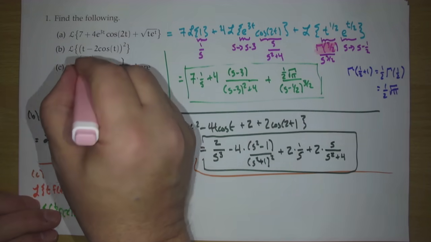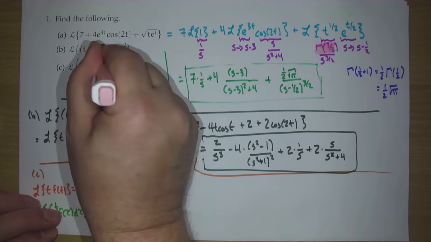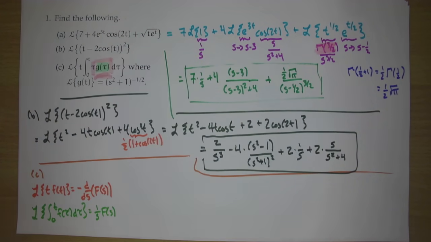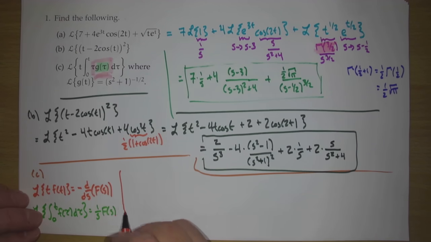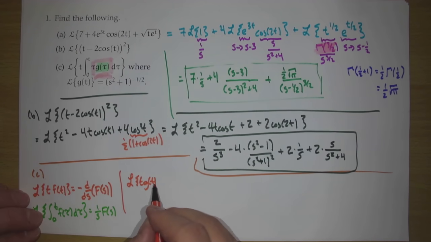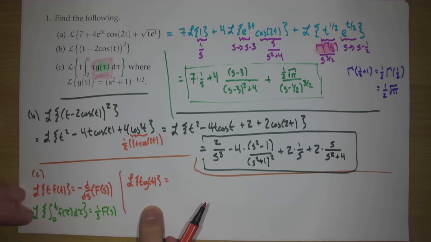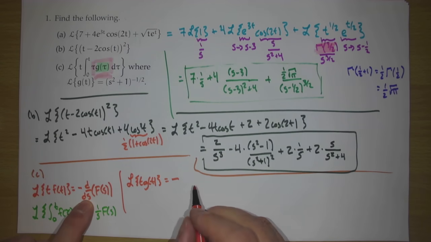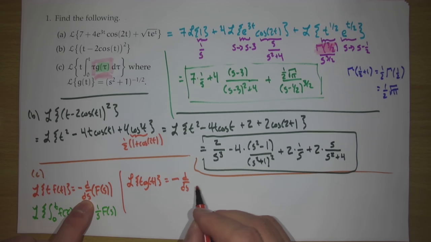If we can do g of t, can we do t times g of t? Answer is yes. So the Laplace of t g of t says we're going to take minus the derivative of what function?